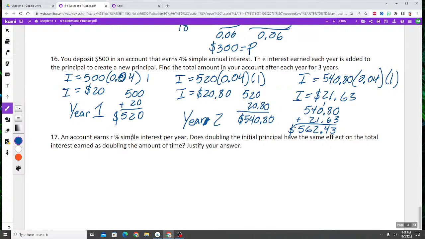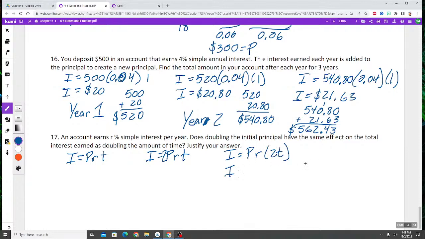An account earns R% simple interest per year. Does doubling the initial principal have the same effect on the total interest as doubling the amount of time? Justify your answer. Well, if we start off here, this is the basics. If I double the principal, that gives me I equals 2P R T. If I double the time, it gives me P R times 2T.